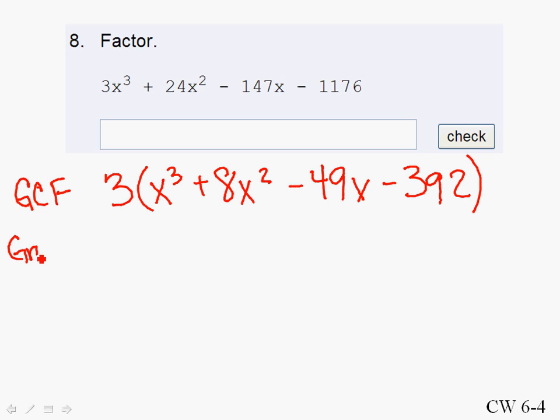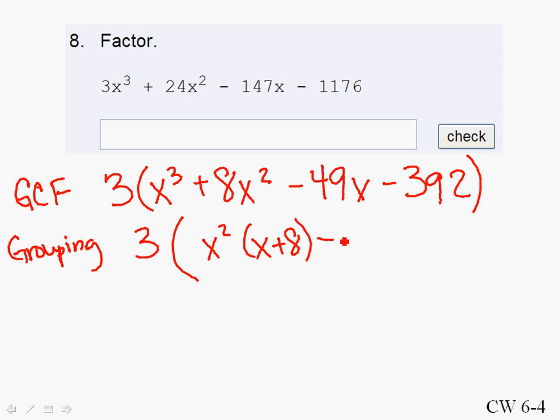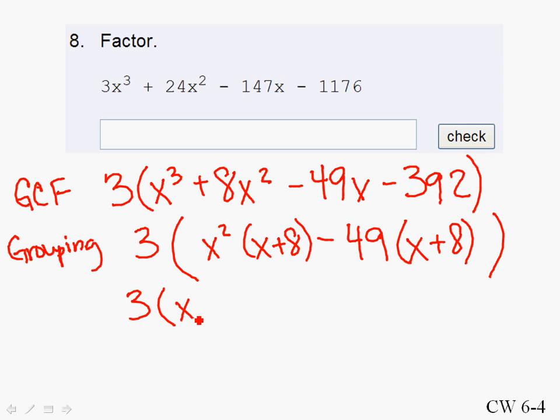Next, we factor by grouping, which gives us 3. And then we have x squared times x plus 8 minus 49 times x plus 8. So we factor by grouping, we get 3 times x squared minus 49 times x plus 8.